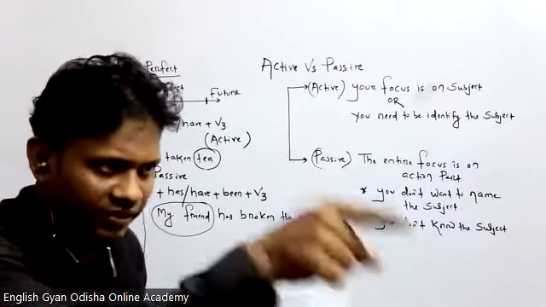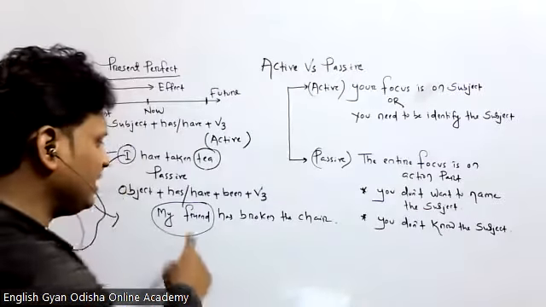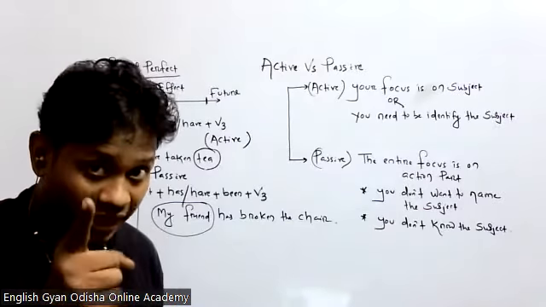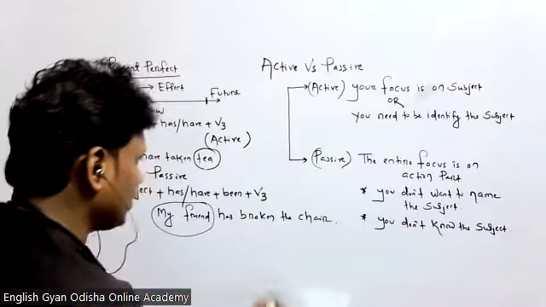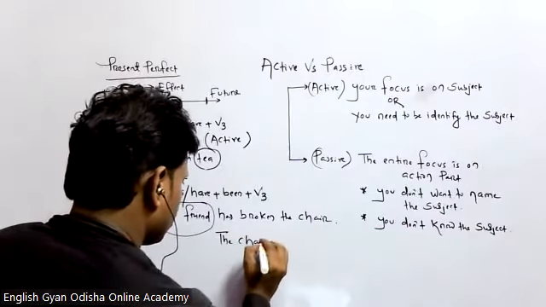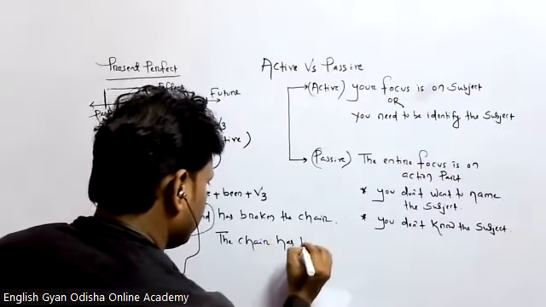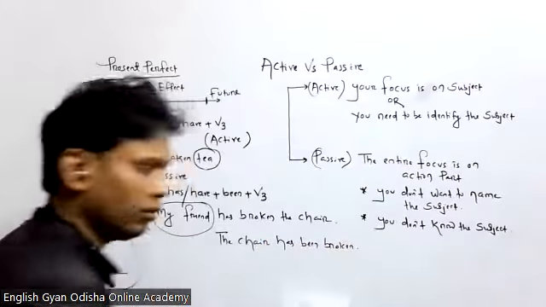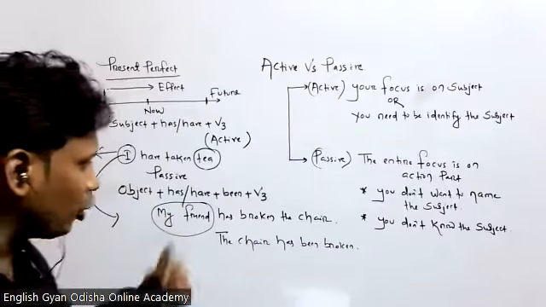Who has done that? My friend has done that. Obviously, it's a negative work. It's not a positive work. So you don't want to identify your friend. So how can you say? The chair has been broken. That's all. The chair has been broken.